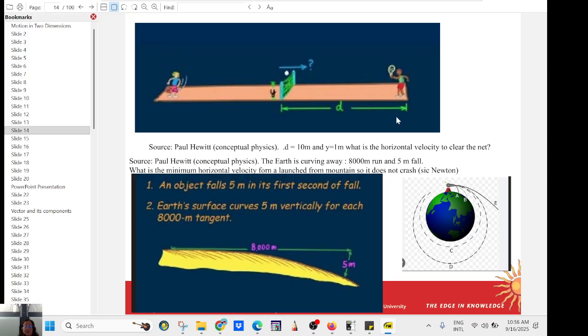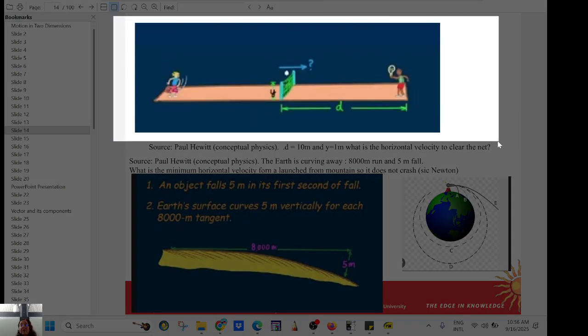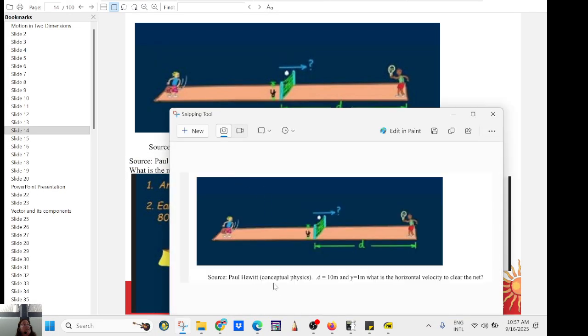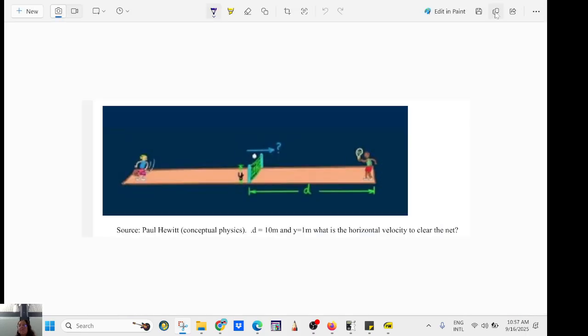Okay, so do it, not that hard. This comes from a very, very good book, if you love physics, which is called Conceptual Physics by Paul Hewitt. He's very good. He draws the situations himself. He's very famous, Paul Hewitt, right? You can read about his story.